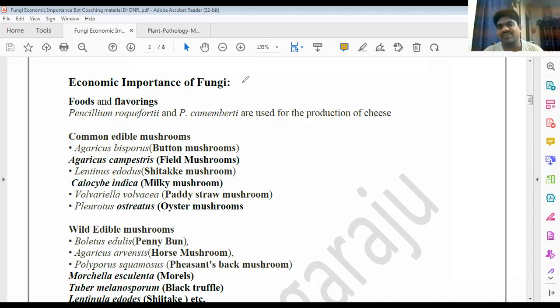That's why our Indian grandparents are the biotechnologists, not the Western people. We have to provide special conditions to prepare all these products there. They could produce only bread. That's why their usual food is bread.